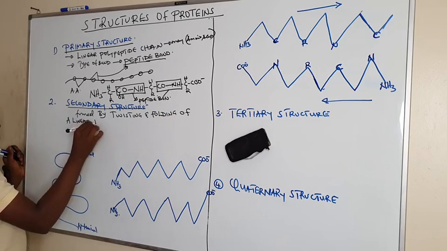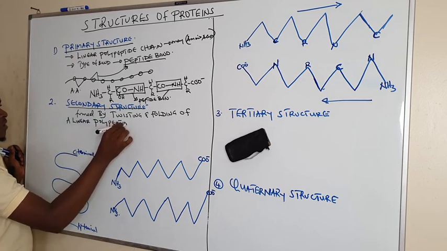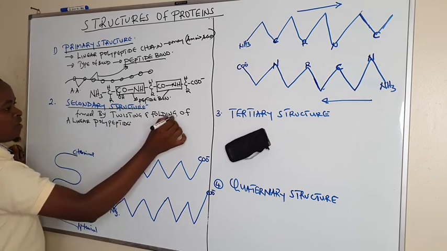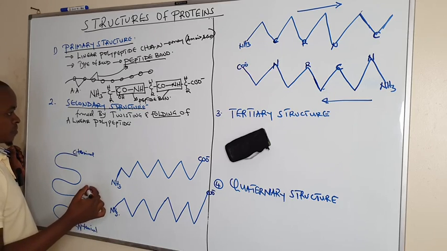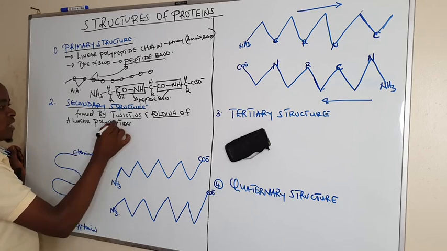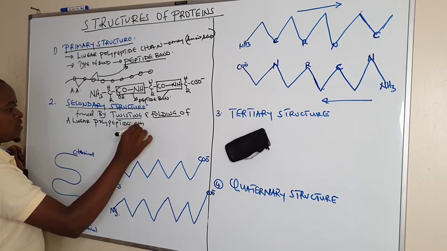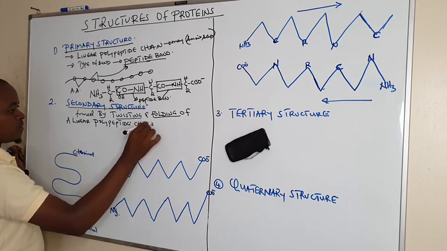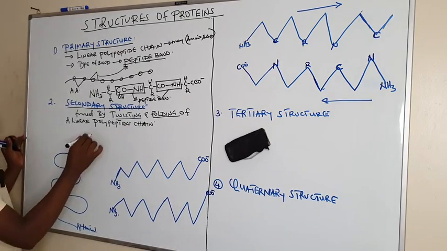If we have a linear polypeptide chain formed during the primary structure, it undergoes folding and twisting to form a secondary structure. So it is formed by twisting and folding of a linear polypeptide chain, which is the primary structure.